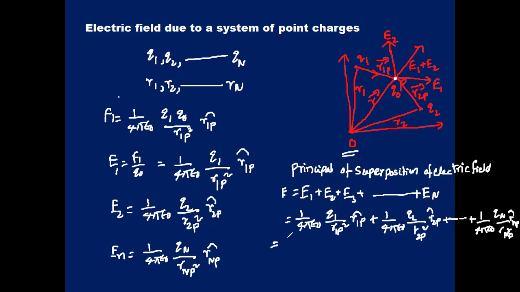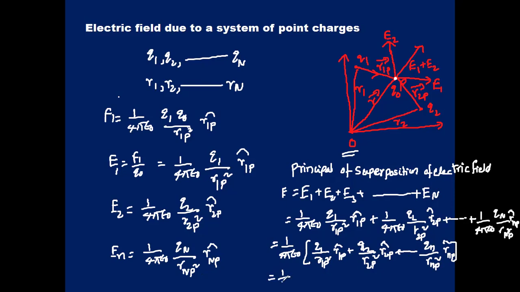If we take 1 by 4 pi epsilon naught common, we get Q1 by R1P square into R1P cap plus Q2 by R2P square into R2P cap plus so on up to Qn by RnP square into RnP cap.